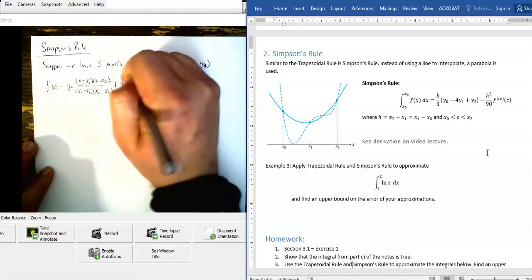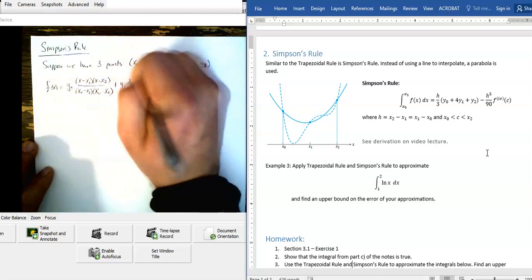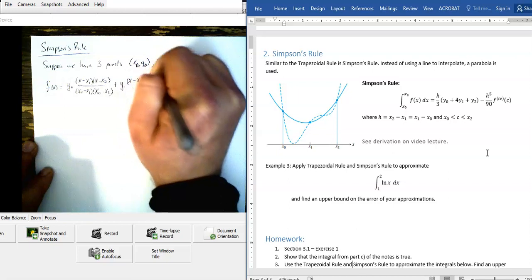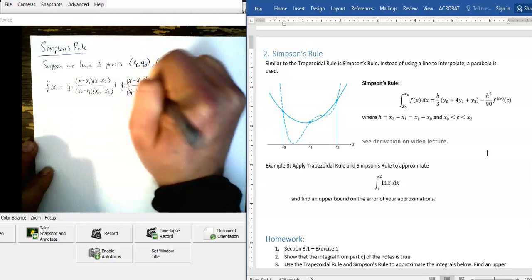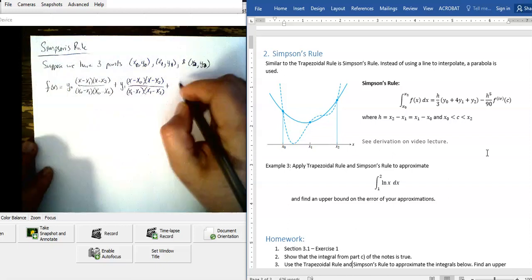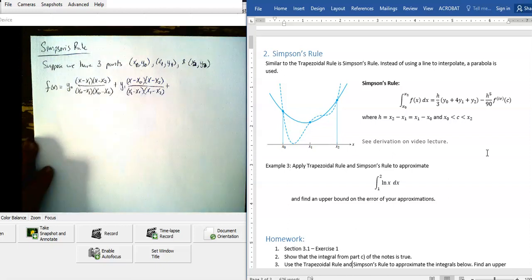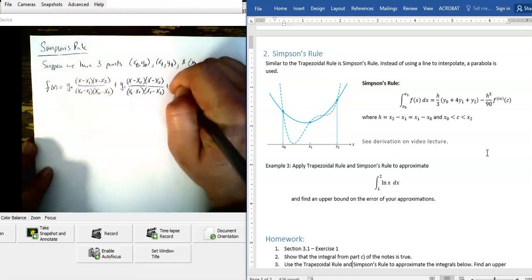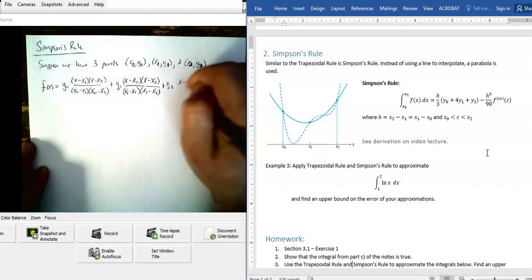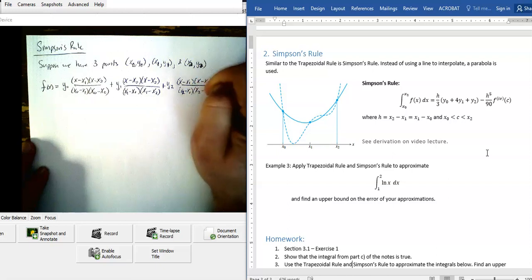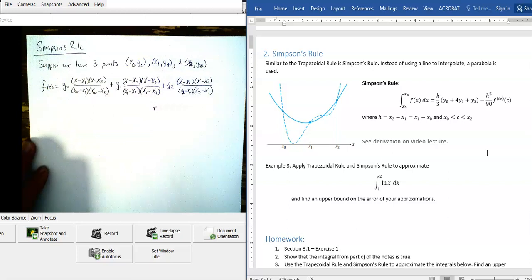Plus our second term, plus our third term, plus the error term here.